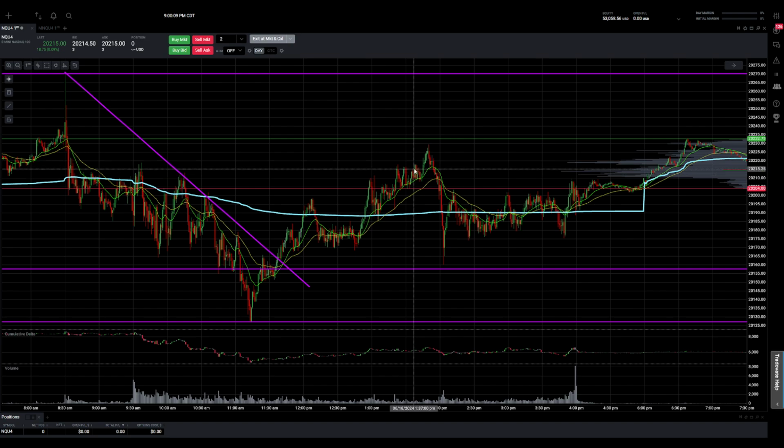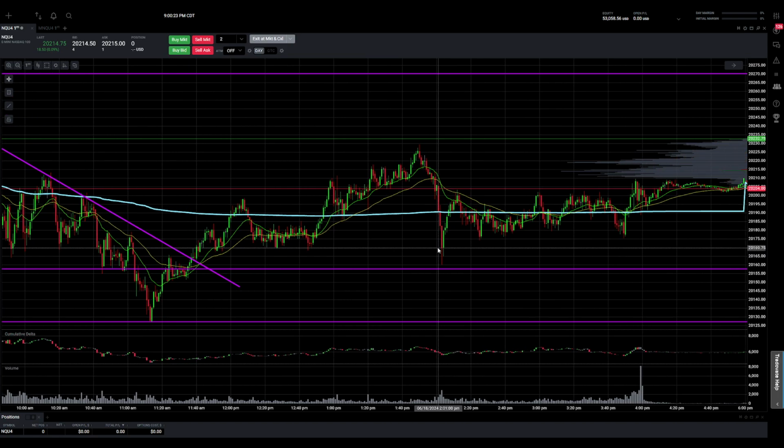Just around this level was a good area to find opportunities to go short. If it came back down and broke the market structure and the EMAs again, we would most likely have a large sell-off, which we did around 2 p.m.